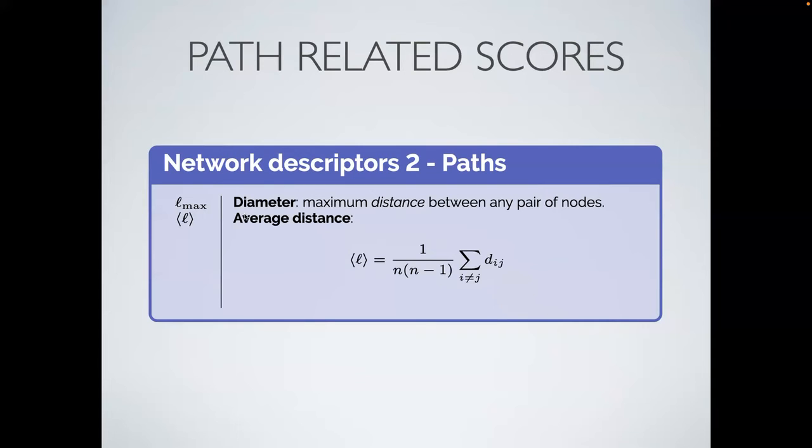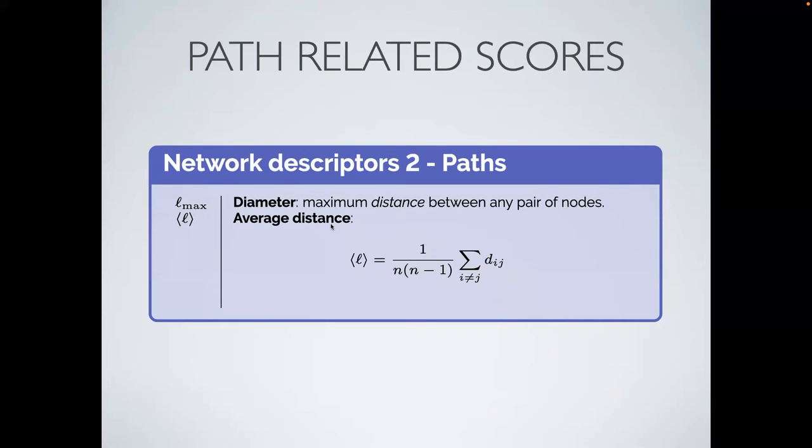In that case, you will have a long diameter. So the diameter is the maximum distance between any pair of nodes, so the longest of the shortest paths. Okay, you compute all the shortest paths, you keep the longest one, the one with the longest distance, and that is the diameter of your graph.